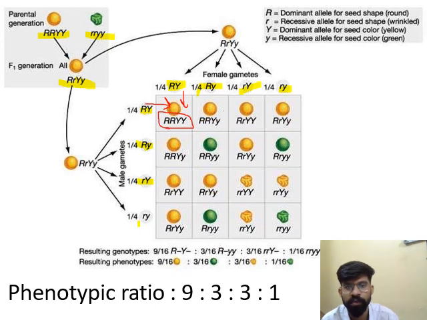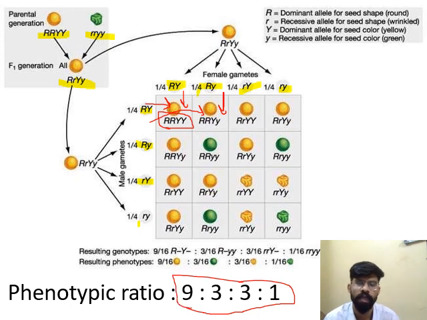Then again, see upside, capital R small y, and capital R capital Y from this side. By this method you draw all 16 combinations, and by identifying these 16 combinations we obtain the ratio 9:3:3:1. We have to identify this and solve this.